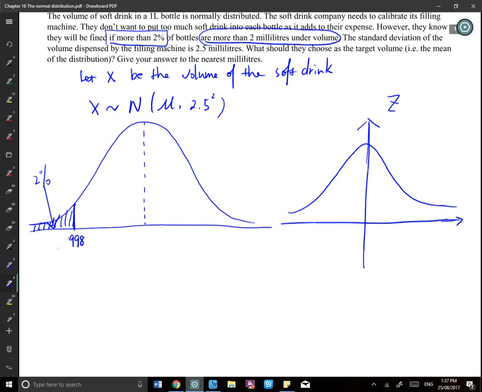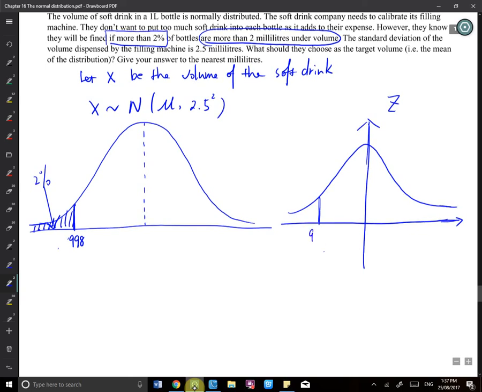On the Z normal distribution, I can map this 998 back to the Z graph. What that becomes is 998 minus mu, divided by 2.5. That's how we plot it back to a Z normal curve. Those two shaded areas must be the same, 2%.